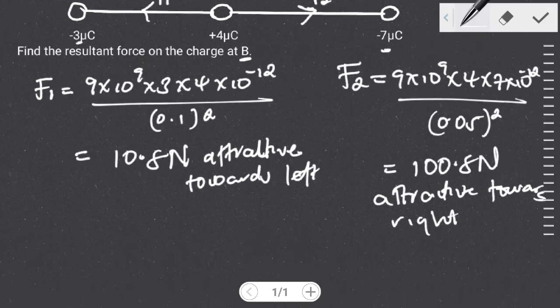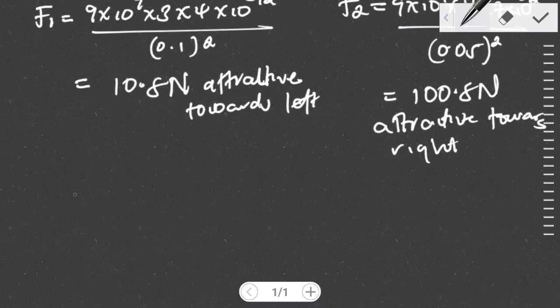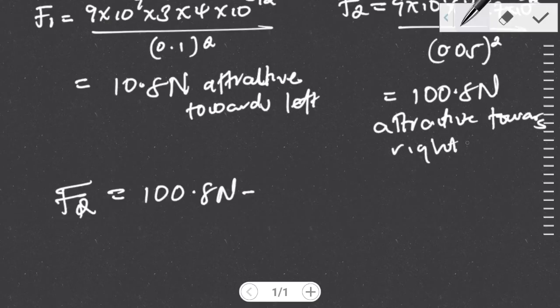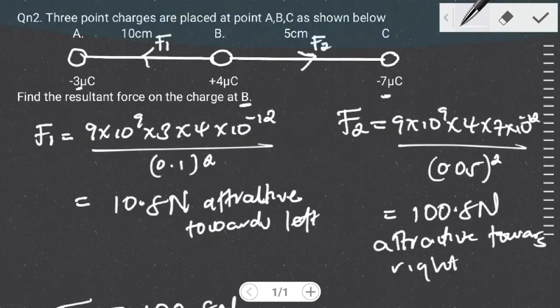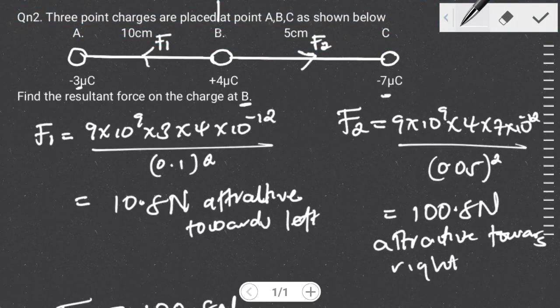The resultant force would be equals to, I take the greater one, 100.8 newtons, because this one is towards the right, or I consider them as if they are in a Cartesian plane, where I draw the axes, x and y.